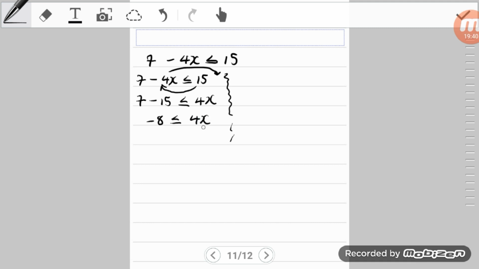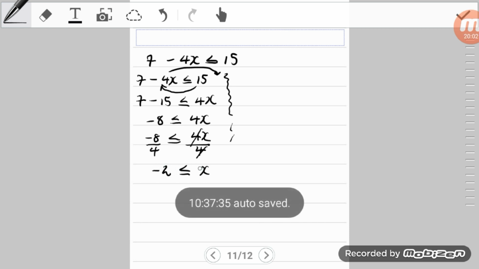Now let's divide both sides by 4, and you'll find easily that x is greater than or equal to negative 2 if you're reading it from this direction. If you're reading it from the other direction, then negative 2 is less than or equal to x.